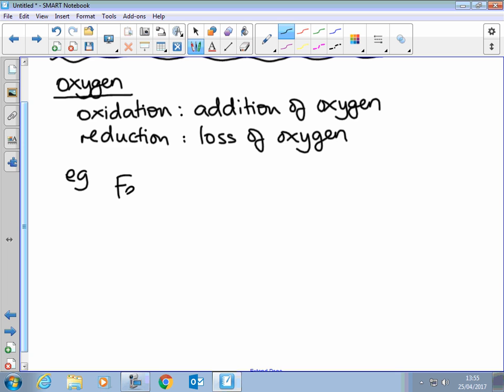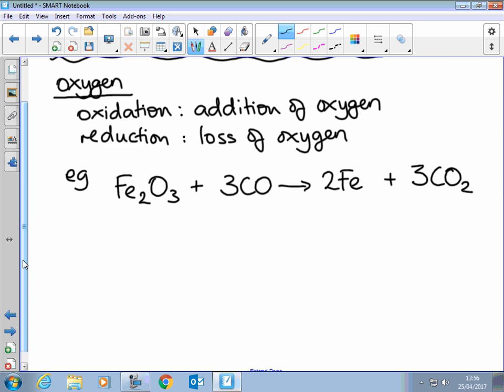If you start with Fe2O3, which is iron(III) oxide, and you heat it up with carbon monoxide, and this is what happens in a blast furnace, you get the iron that you're actually looking for, and carbon dioxide as a waste product, if you like.